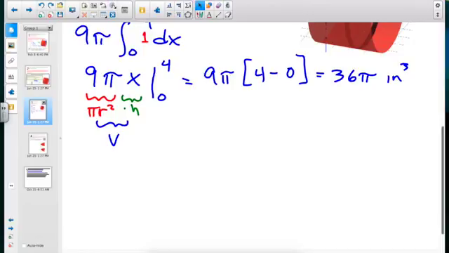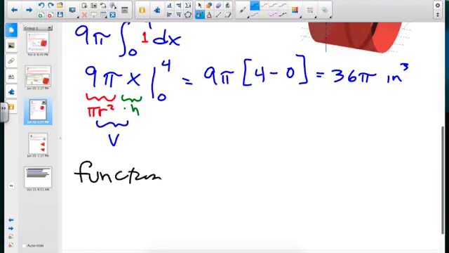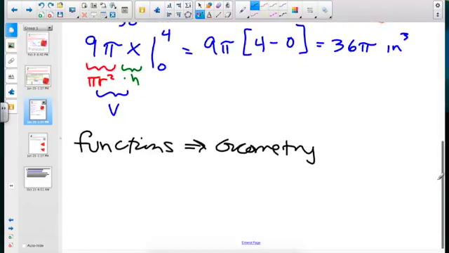Most often the case, though, is that we're not going to have a function that's going to give us a nice geometric formula. So what sort of functions would give us a geometric formula? Functions that would lead to a geometric shape.